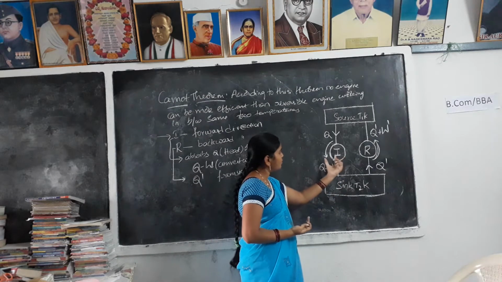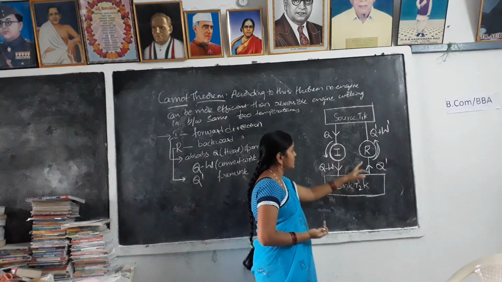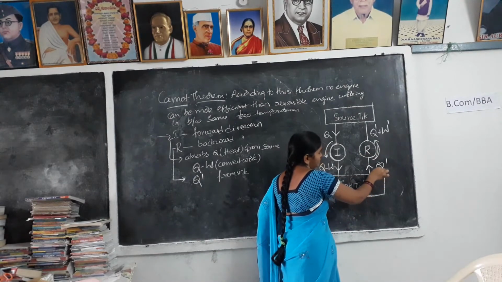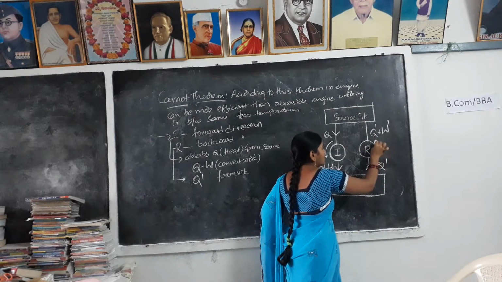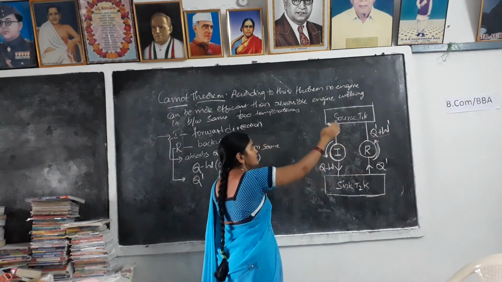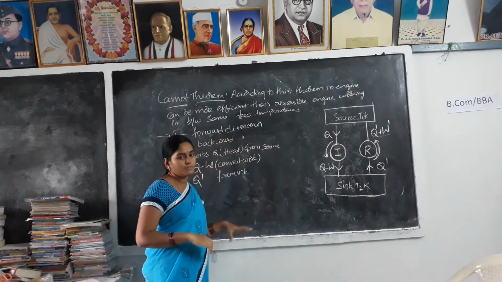The completion of work is done by I. Right, next about R. Here R absorbs Q dash of heat and it converts in backward direction as Q dash plus W dash of work, and it gives to the source.